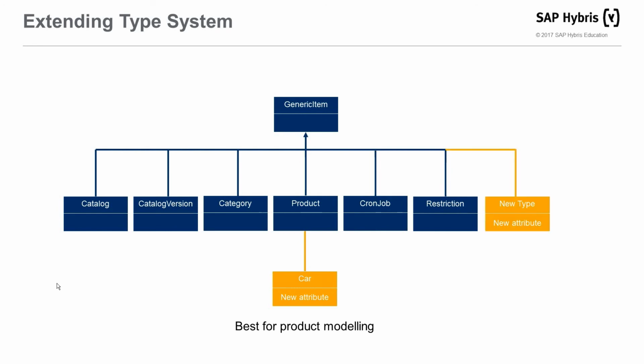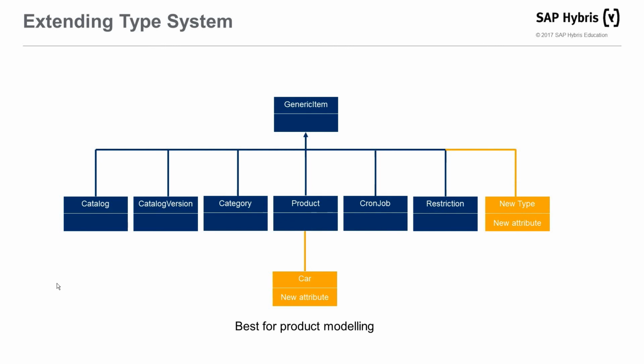You can also create a completely new type at a higher level if this makes more sense. This new type then implicitly extends from the base type called generic item. In both cases, you could add your own attributes to these types without affecting other core types. In most cases, this subtyping approach is preferred. It allows you to create new types where attributes do not mix and keeps the Commerce Suite's core types untouched.